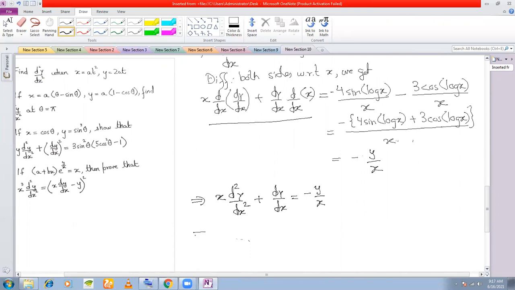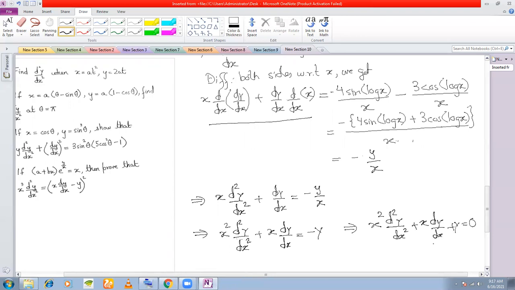Now you cross multiply. You get x square d2y/dx2 plus x dy/dx is equal to minus y. You take everything on one side, you get x square d2y/dx2 plus x dy/dx plus y is equal to 0.